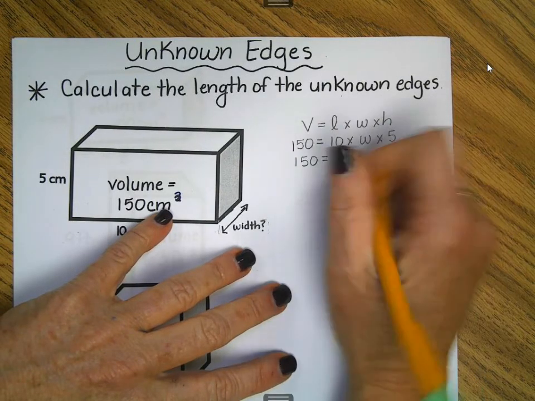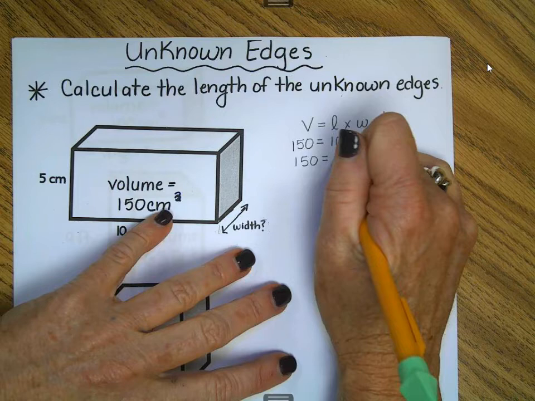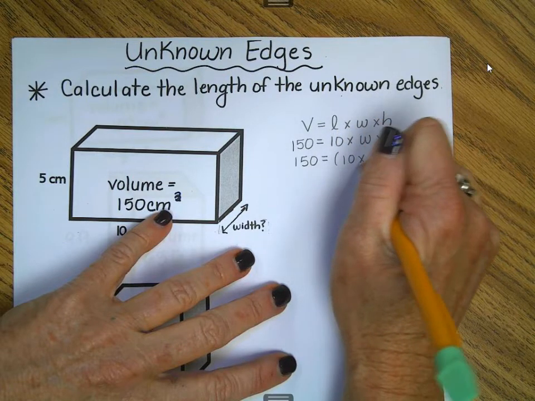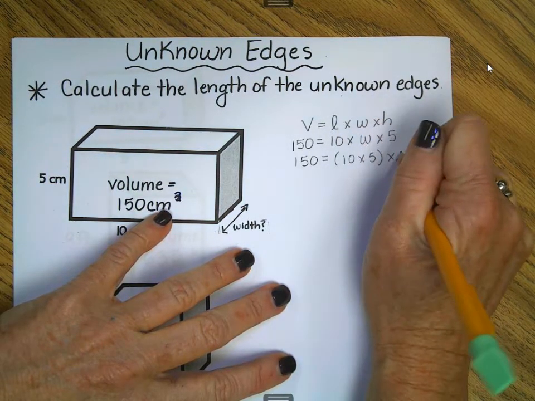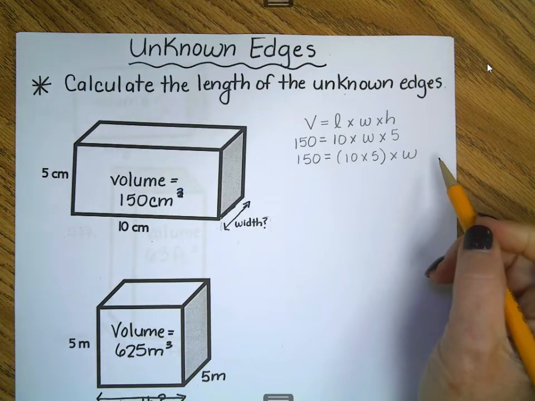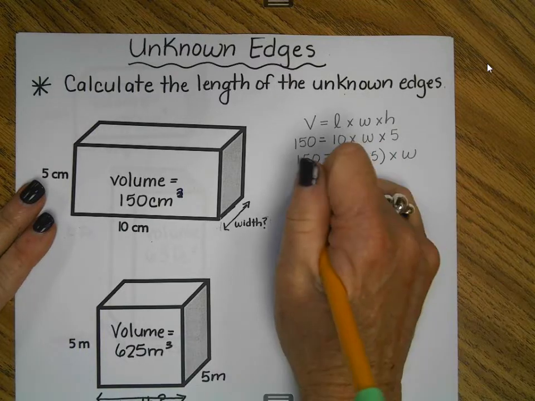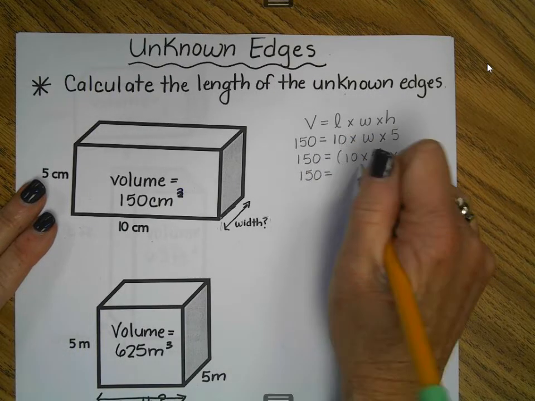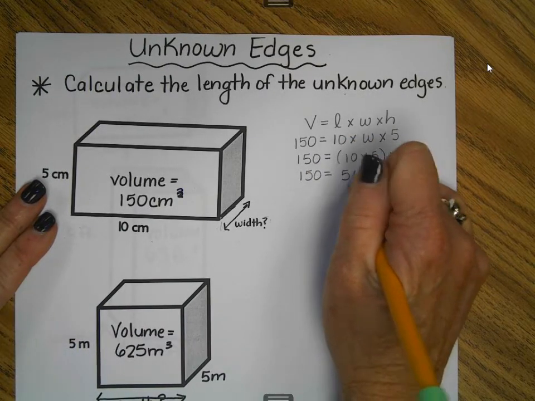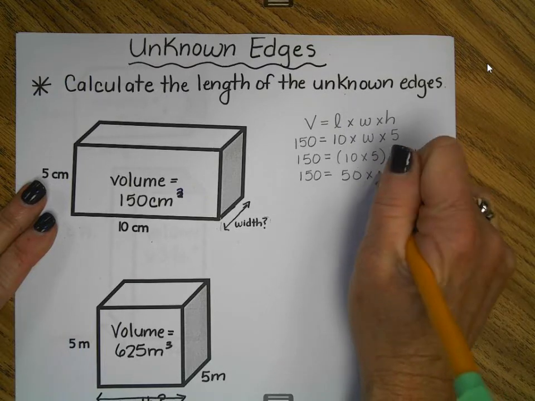So I'm going to go ahead and rewrite this as 10 times 5 times W. I'm using the associative property of multiplication. I'm moving my factors around and regrouping them a little bit differently, but I'm doing that because I want to be able to multiply 10 times 5 and get 50 times the width.